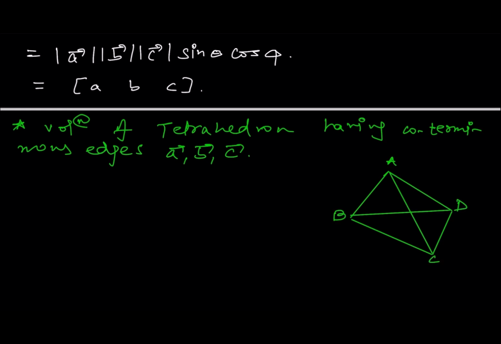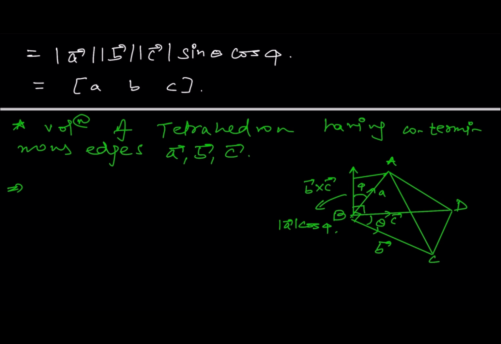This is the given tetrahedron having coterminous edges B vector, C vector, A vector, and this is the vector perpendicular to the plane of B vector and C vector. Angle between B and C is theta. Angle between B cross C and A vector is phi. So height will become again mod A cos phi.